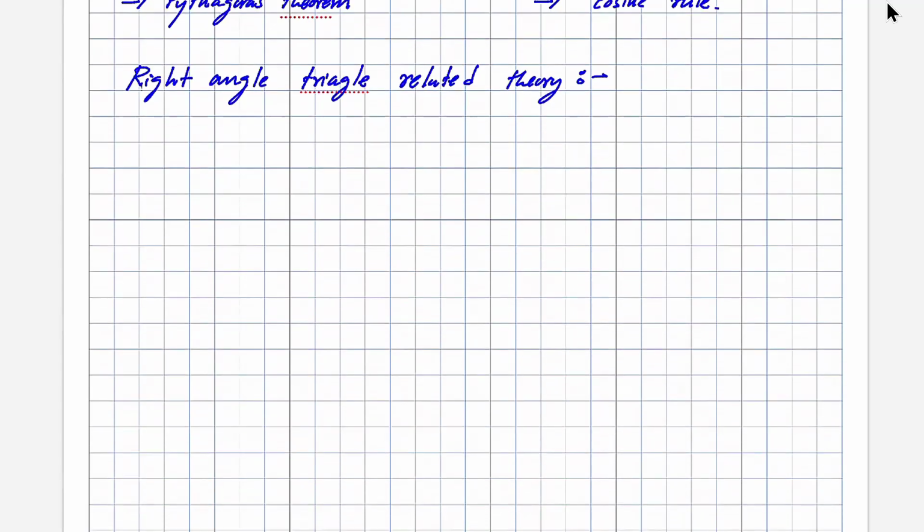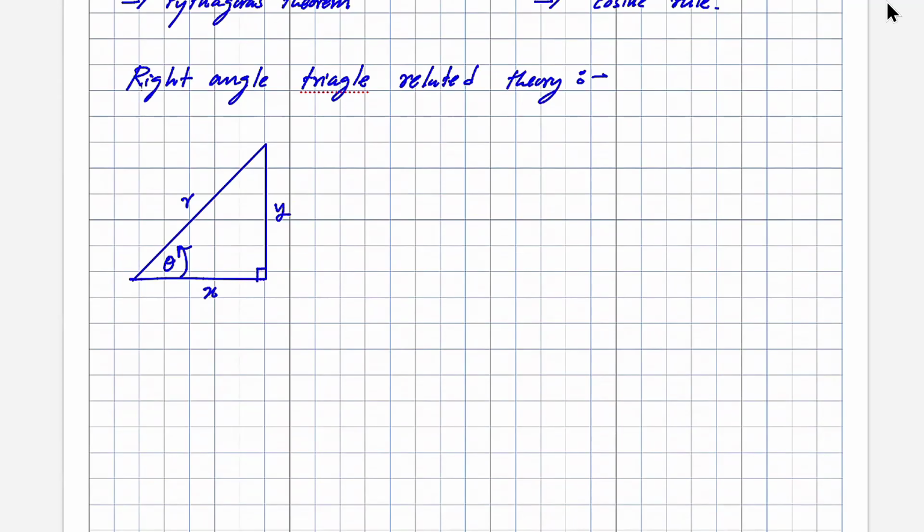Okay. Now, so you have this angle theta, and this is going to be r here. This is going to be y. This side is y. This side is x.